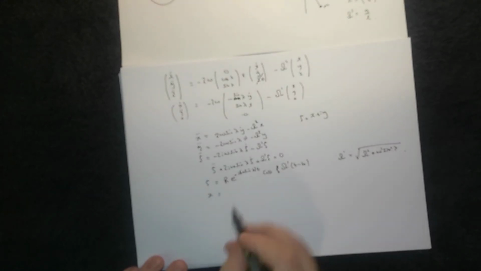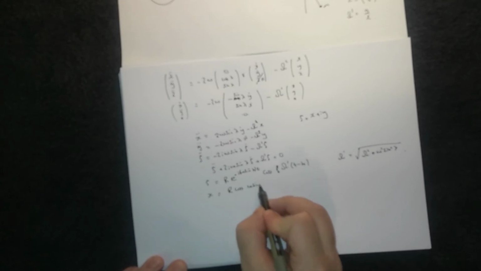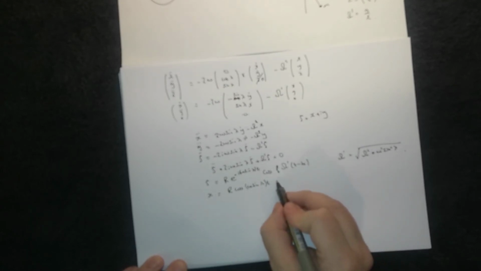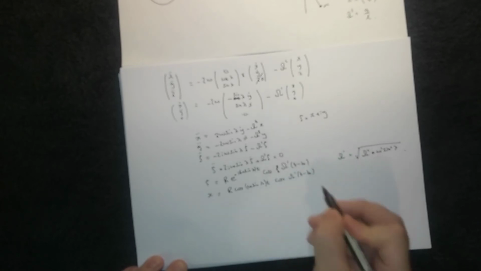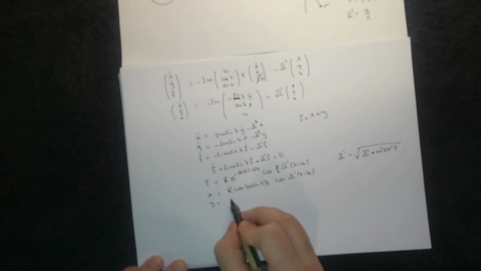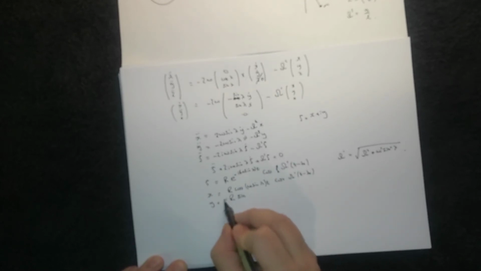Take the real part: x is r cos omega sine lambda t times cos omega prime t minus t naught, and y is r sine minus sine.